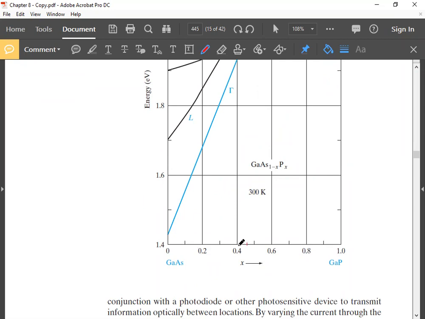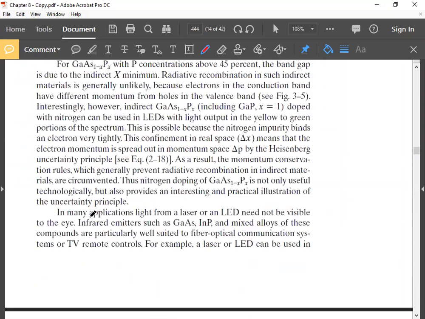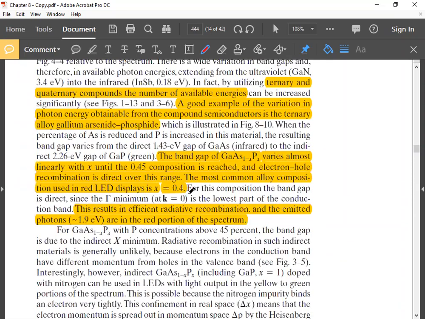An example is x equal to 0.4. When x equal to 0.4, the band gap is around 1.9 electron volt, and that corresponds to red light. The most common alloy composition used in red LED displays is x equal to 0.4.